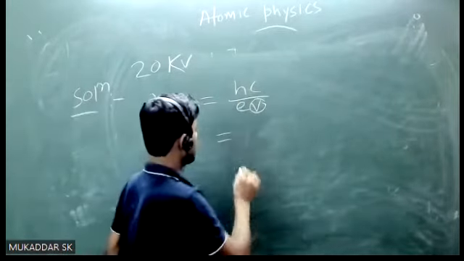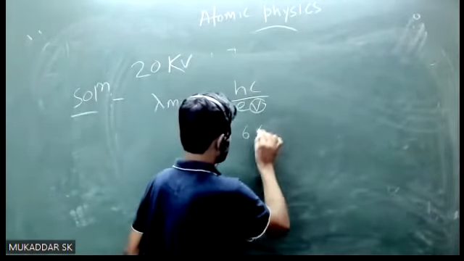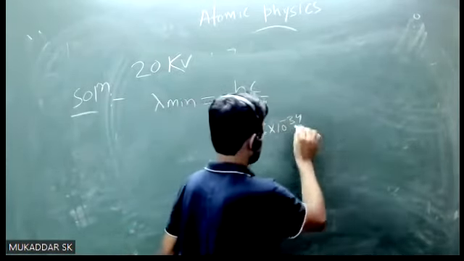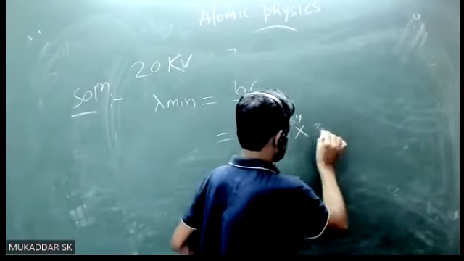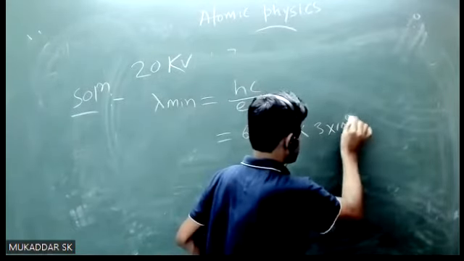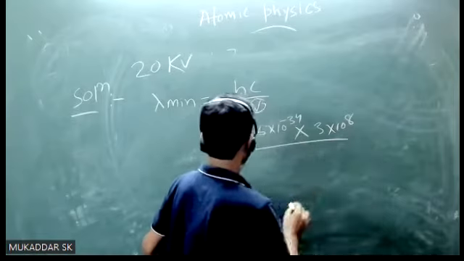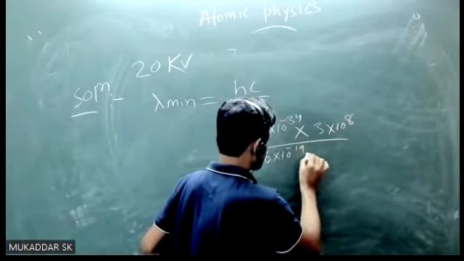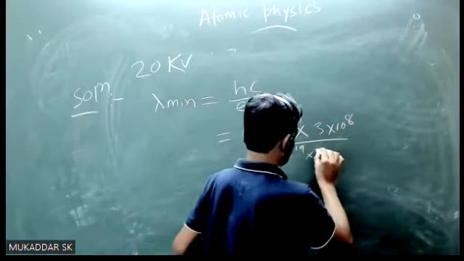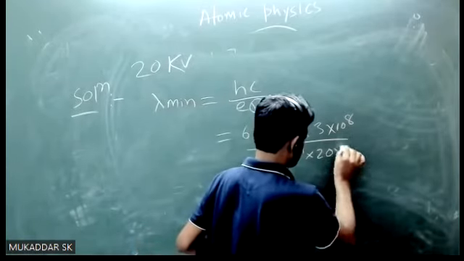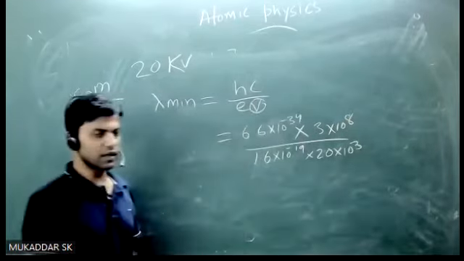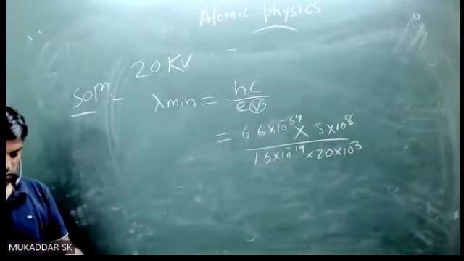If you substitute all the numbers here, h is 6.6 into 10 to the power minus 34, c is 3 into 10 to the power 8 meter per second, e is the electronic charge 1.6 into 10 to the power minus 19, and V is 20 kilovolt, which means 20 into 10 to the power 3 volt. Is it clear to all? Yes, sir.